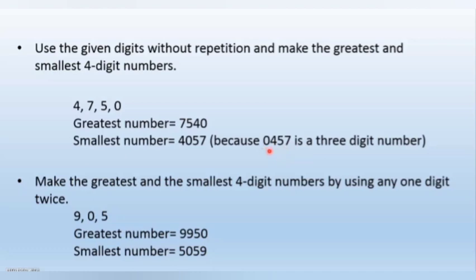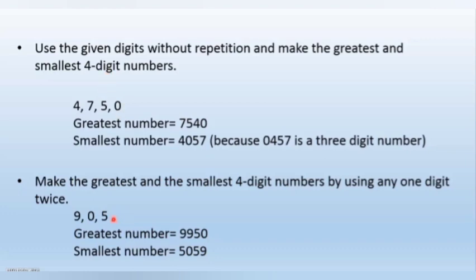If you keep 0 over here, its value becomes 457. Okay, that is a 3-digit number. So we are not going to place 0 over here, but in the second place. So after 0, which number is greater than 0 over here? 4. Keeping 4 over here, and then 0, then 5, and then 7. So first number cannot be 0 when it is asked. You have to make 4-digit numbers.